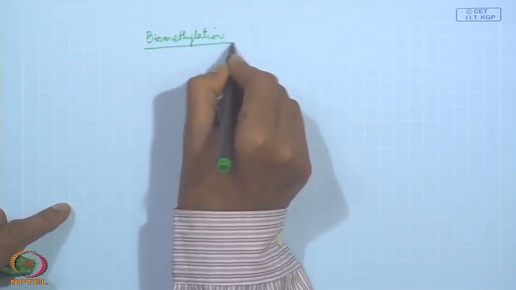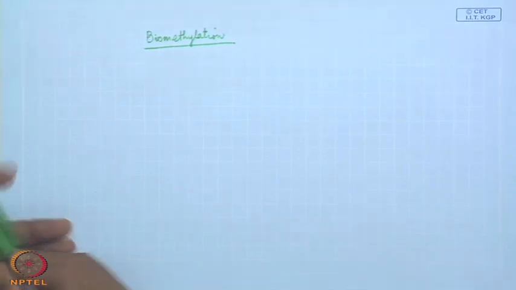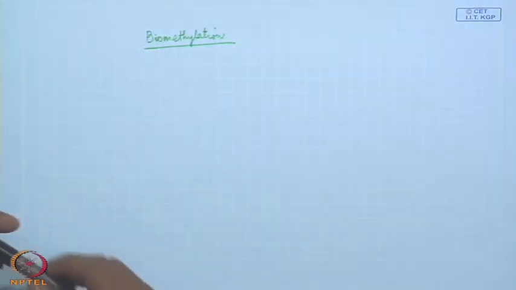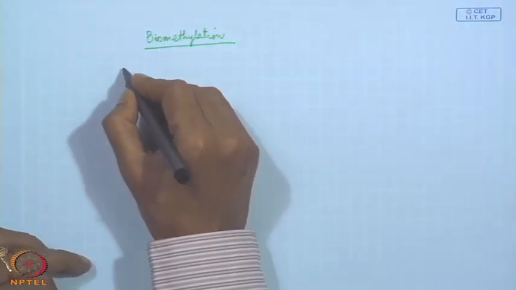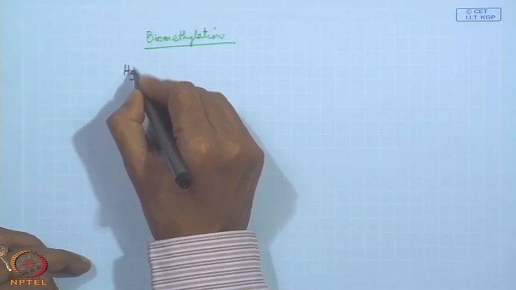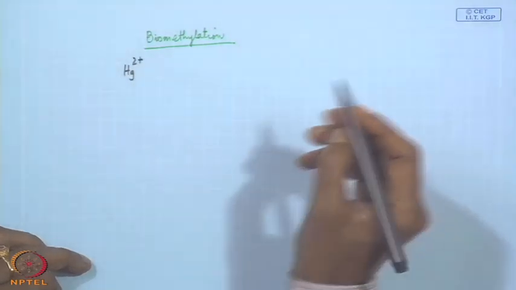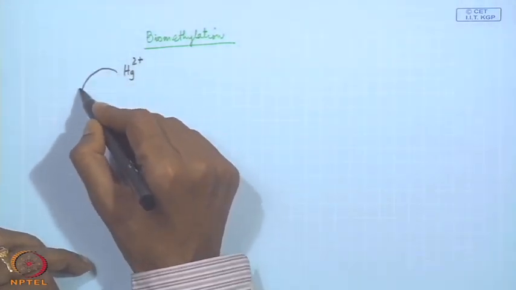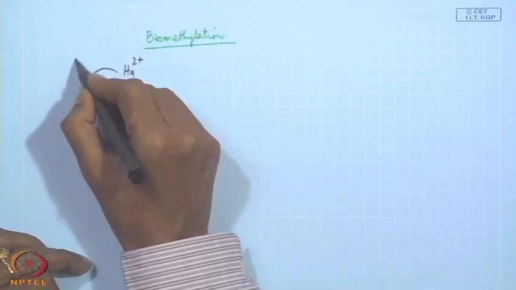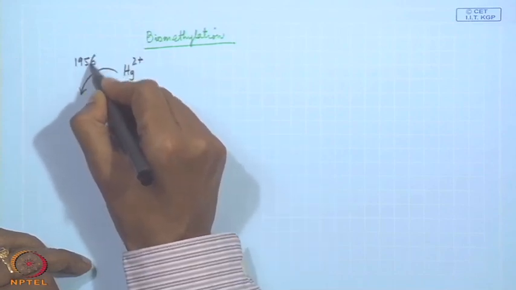So, one such important reaction is the biomethylation reaction, where we see that a particular metal ion, say the mercuric ion, is well known for several years, around 1956.